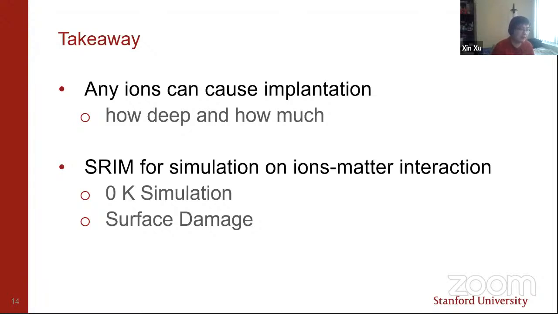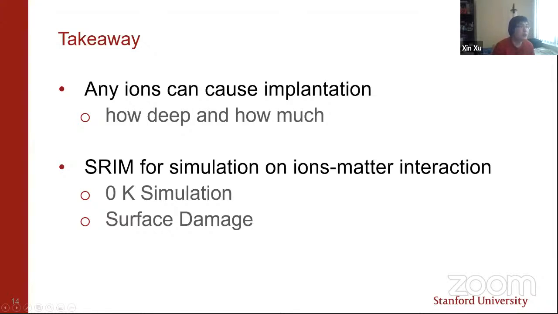And if the surface binding energy changes, the implantation will probably also change. So these several points we need to keep in mind when we run this simulation. Any questions so far I can answer?